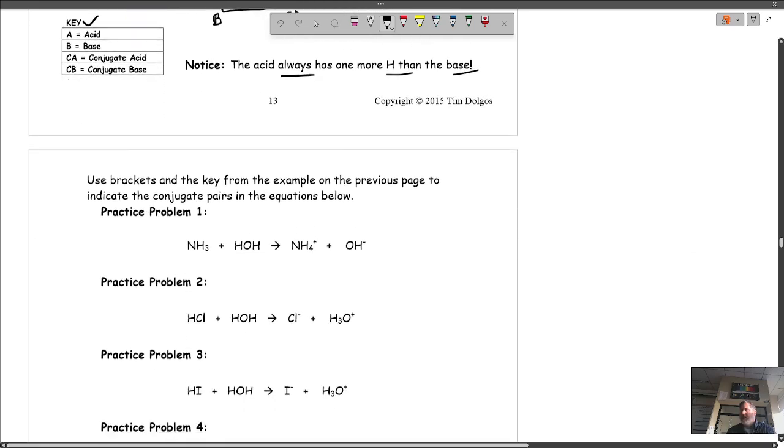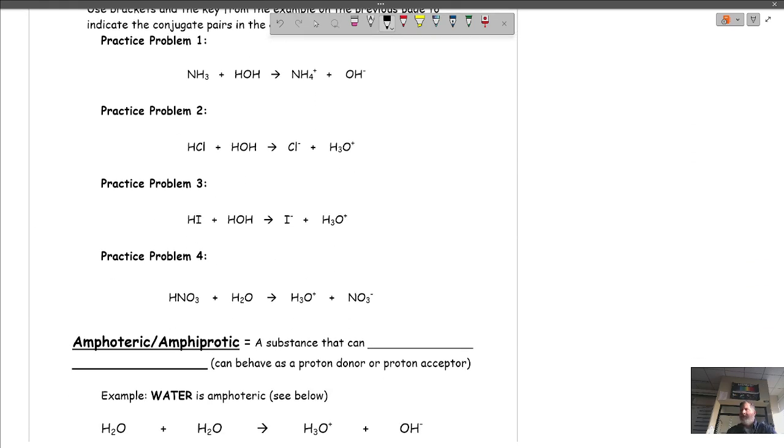All right, let's move on to some more questions to practice this. Use brackets just like we did before. So I'm going to look at these and figure out which ones differ by just one hydrogen. And the ones that do, we have this one and this one. They both are just different by one hydrogen, so I'm going to connect them. And I'm going to connect the water and the OH because it's different by one hydrogen.